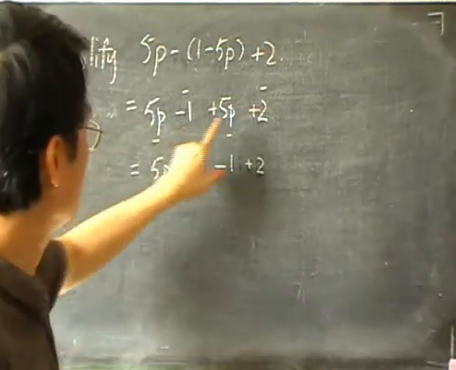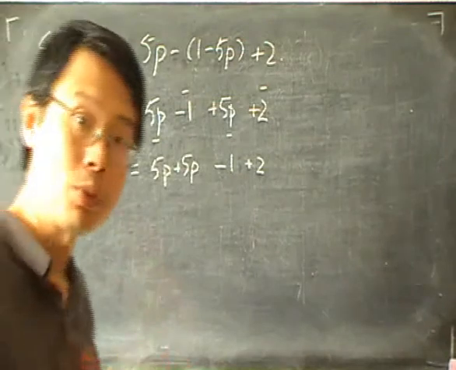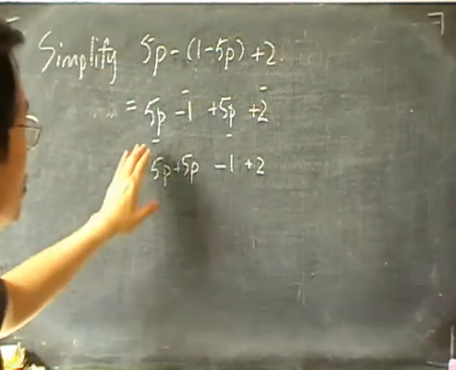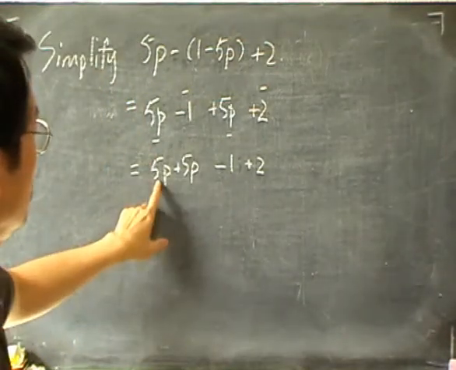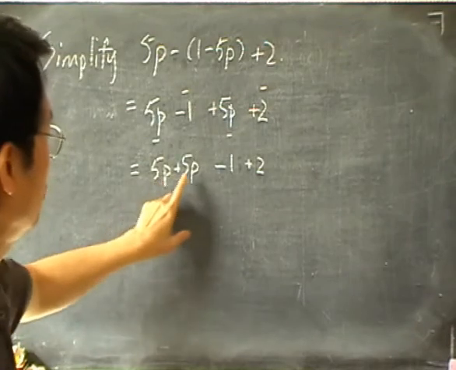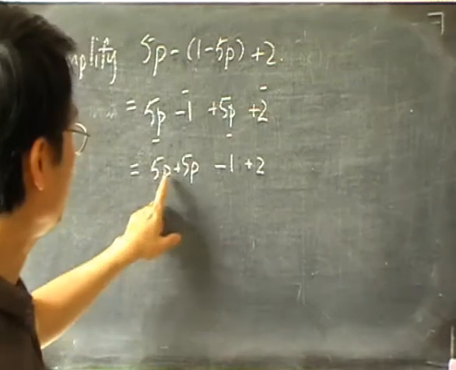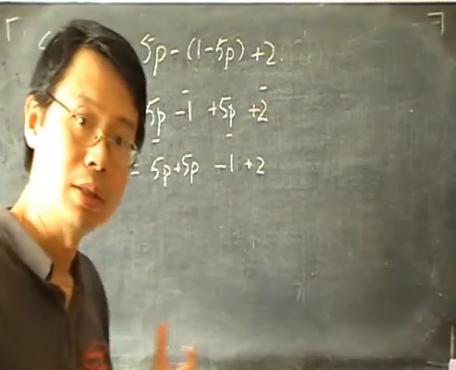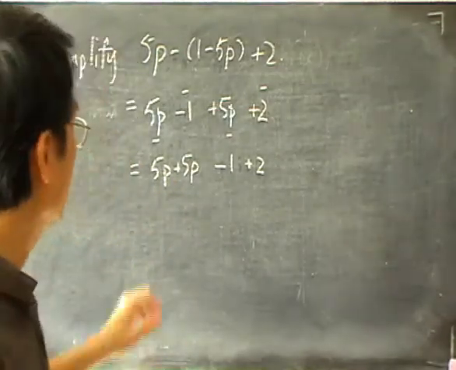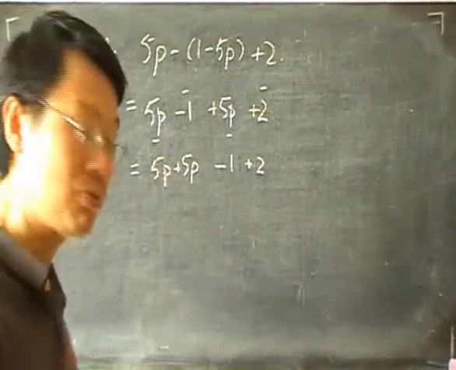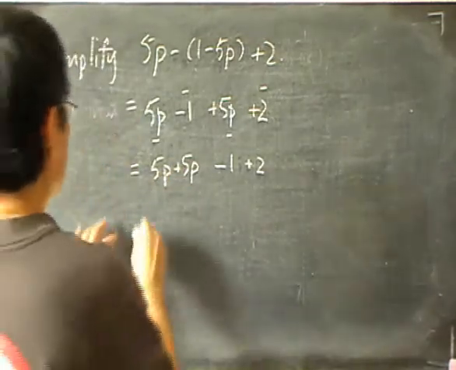Alright, just look at these two terms directly, because what we want to do is just to add them. Here we just need to add 5p to 5p, because when both terms have a p, it's easier to add. For example, 5p plus 5p is just 10p.